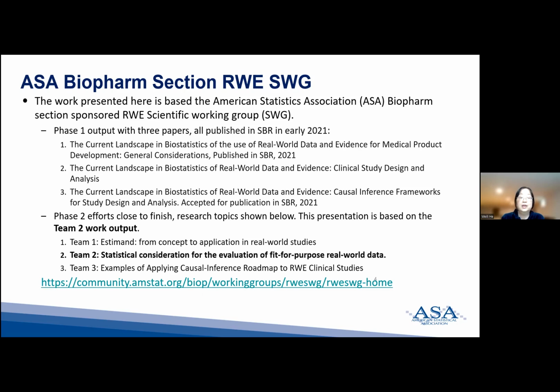And Team 3 is showcasing examples of applying the causal inference roadmap to real-world evidence clinical studies. We have submitted the Team 2 paper already to SBR, Statistics in Biopharmaceutical Research, and Team 1 and Team 3 are almost ready to submit in the next few weeks.